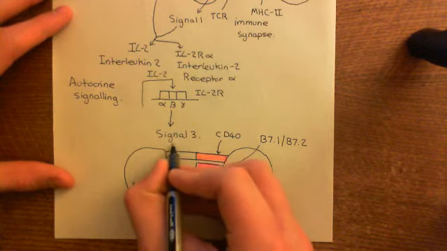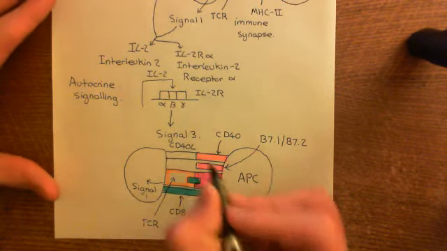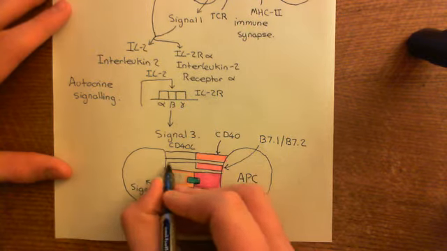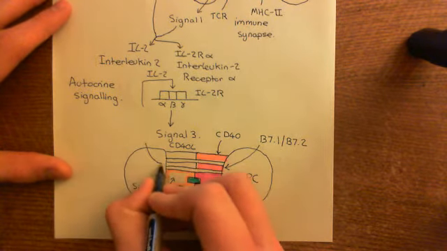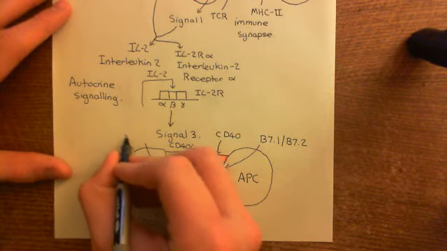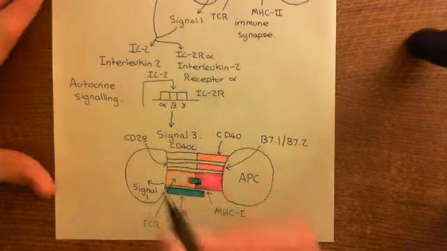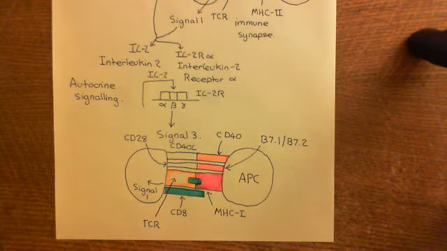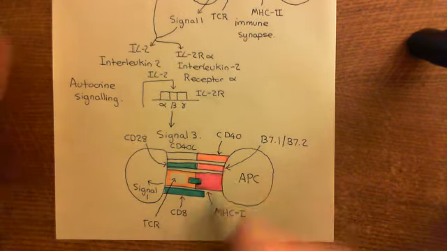Okay, so we have CD40 ligand here, which binds to CD40, and then we have CD28, cluster of differentiation 28, which binds to B7.1/B7.2. Okay, so let me put these in. So here is CD28 in turquoise.